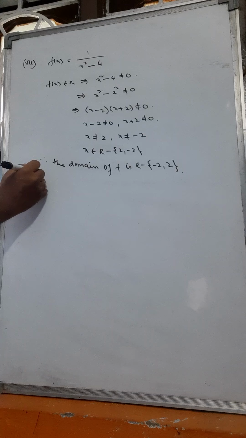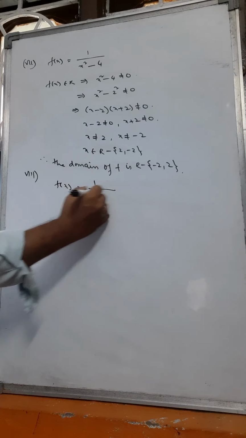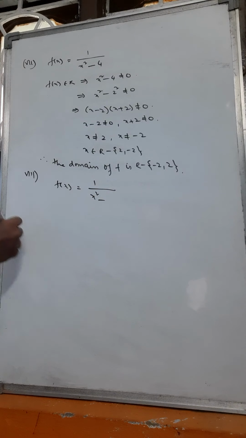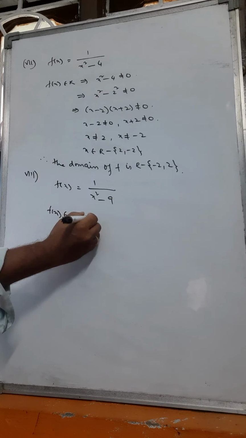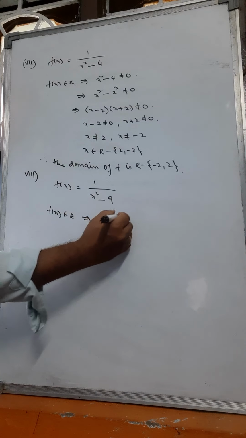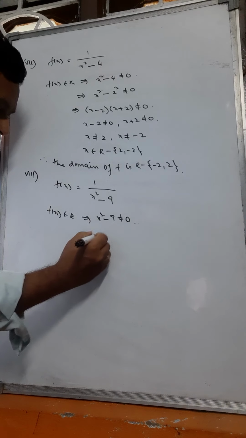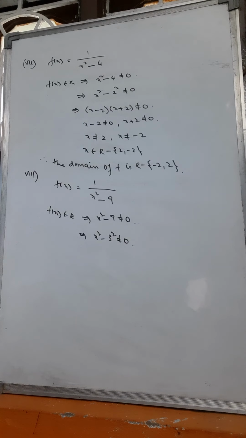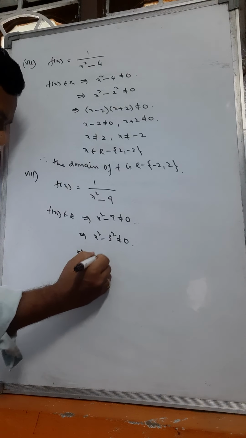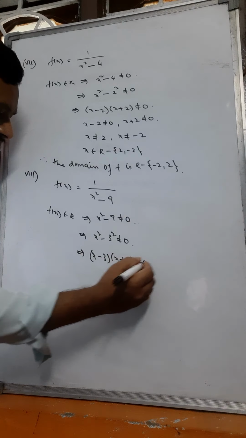So next, 8th problem, f of x equal to 1 by x square minus 9. For f of x to belong to R, x square minus 9 is not equal to 0. So x square minus 3 square is not equal to 0. That means (x minus 3) into (x plus 3) is not equal to 0.